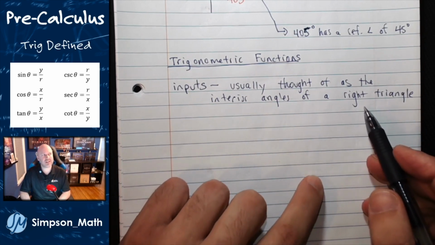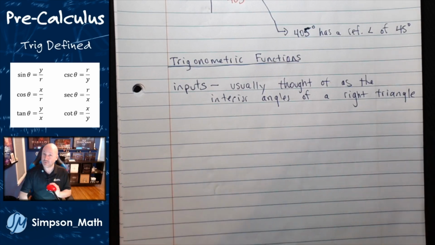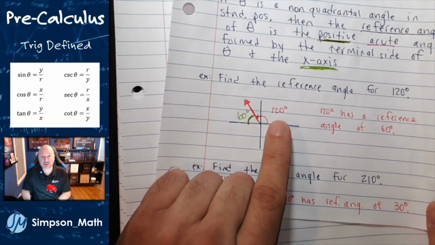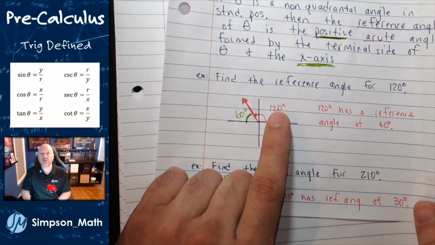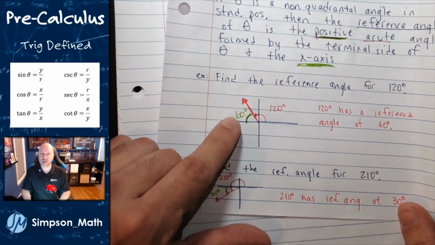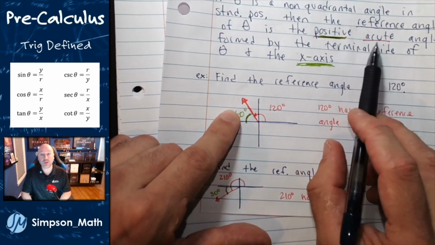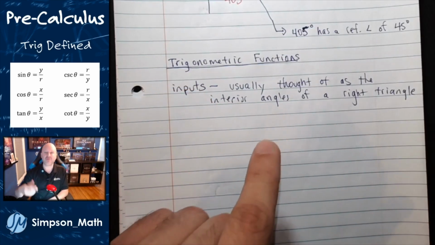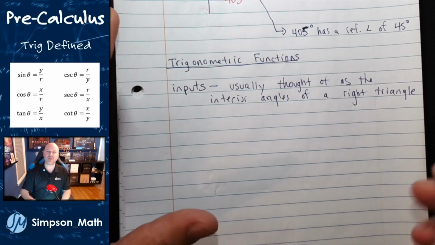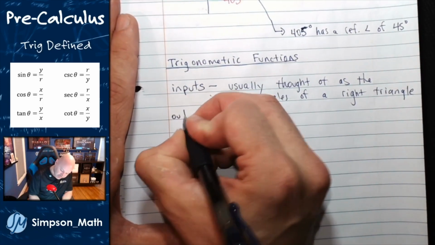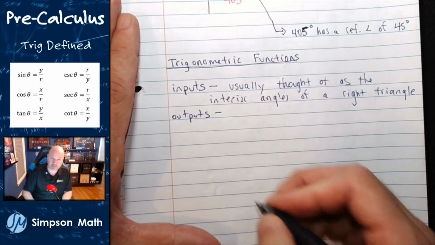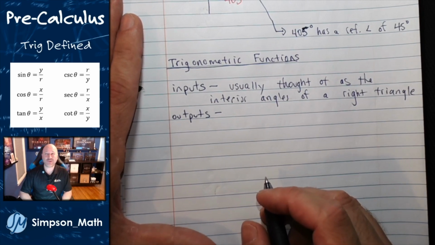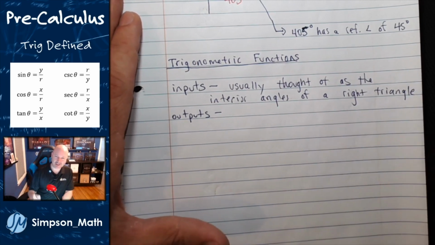I just can't go bigger than 90. Now, if we do come across large angles, and I'm getting ahead of myself, what we're going to do is refer to their reference angle, and their reference angle will always be acute. So it does fit that definition of thinking of them as the interior angles of a right triangle. Now the outputs, we usually think of the outputs of a trig function as a ratio of side lengths of that right triangle.